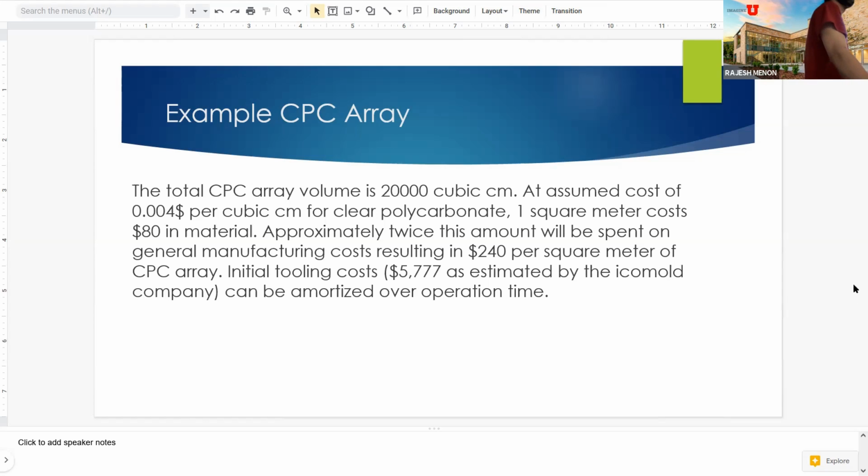However, with injection molding, a significant amount of the cost is upfront with creating the tooling that can later create the CPCs. This can be amortized over time, seeing as we will create hundreds of thousands of these. In one of the previous slides, it was mentioned even a square meter has 20,000 CPCs in it due to the very small size.